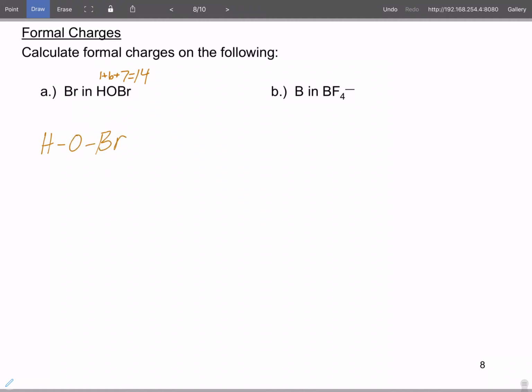The O would have to be the central. So we have 2, 4, 6, 8, 10, 12, 14. Everybody's happy. So we're asked to do the bromine.